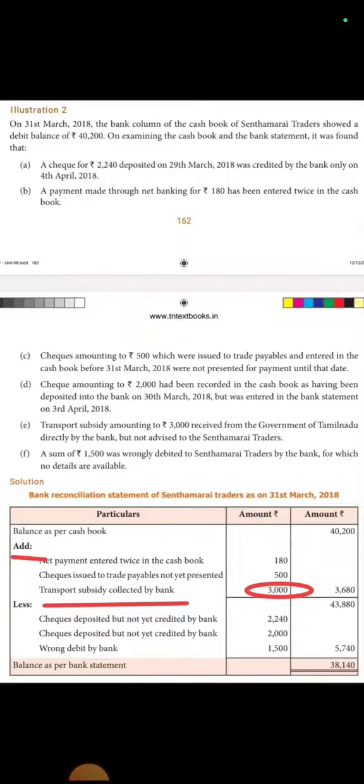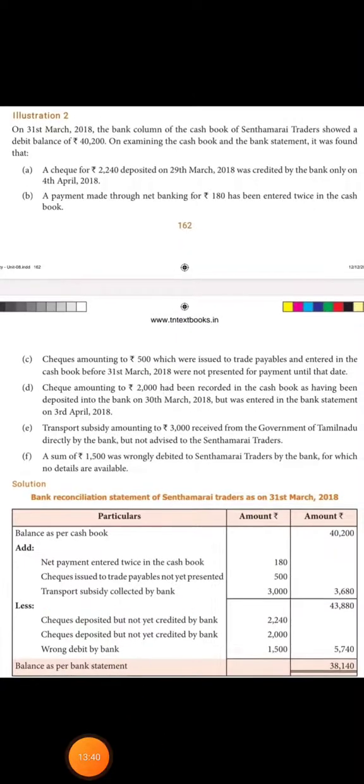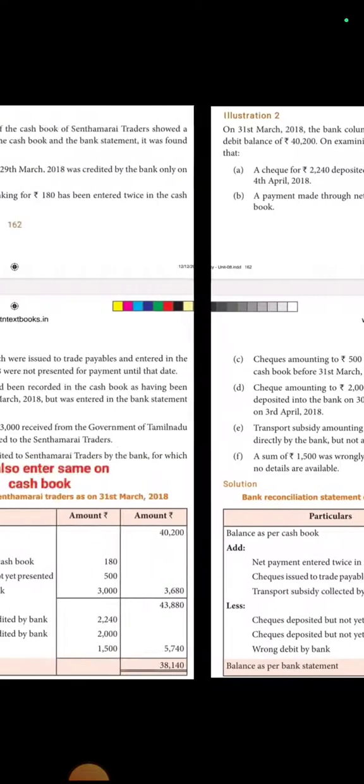So in the add column, we have to write transport subsidy collected by the bank rupees 3000, we entered. The next transaction is a sum of rupees 1500 was wrongly debited to Sendamari traders by the bank, for which no details are available.